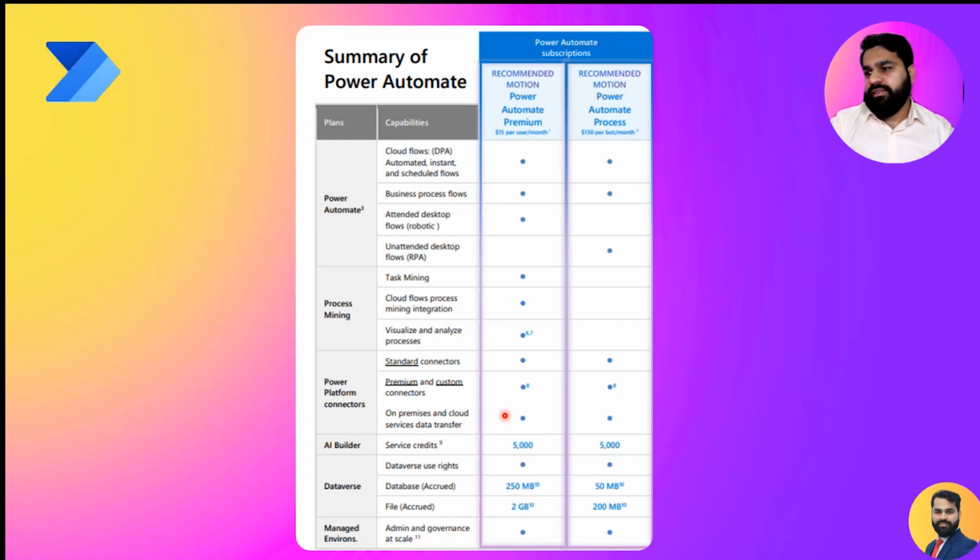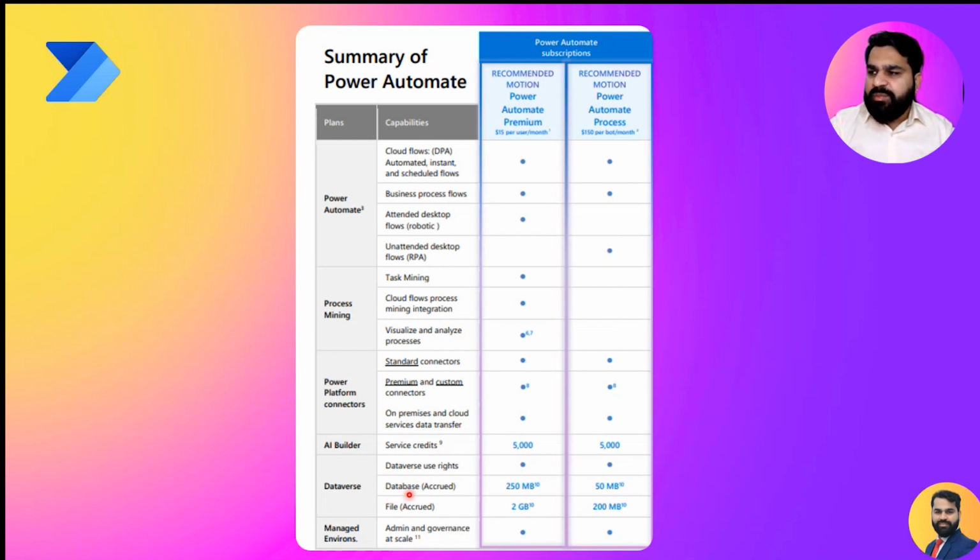Along with this, from the AI Builder capacity, not the users basically, but per license 5,000 service credits will be allocated to the tenant and the Power Platform environments. From the Dataverse capacity perspective, they have Dataverse use rights, definitely.